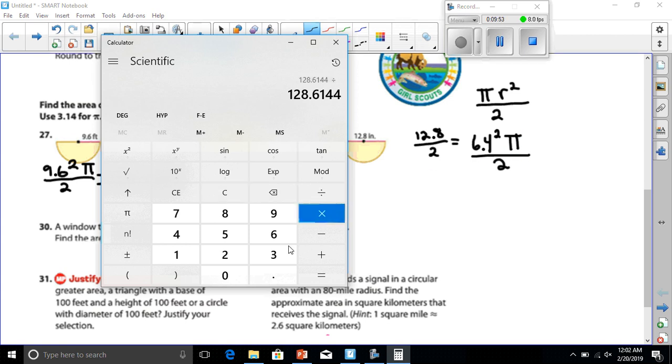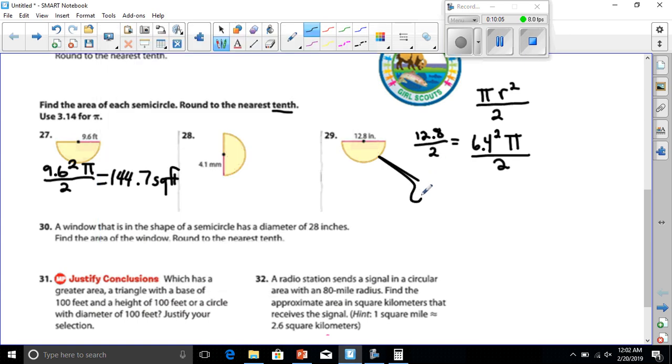And that's going to give me 64.3. 0 is not bigger than 5, so it would just be 64.3. And square inches.